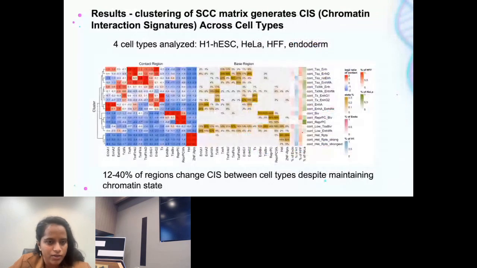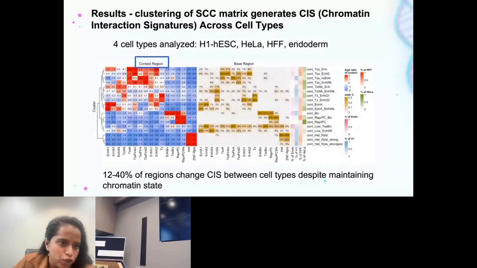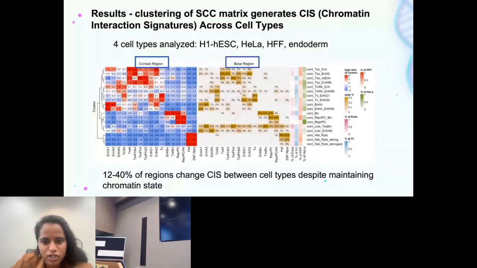This is the clustering of the ASCS matrix. The first part here is the contact region. The contact region in essence shows the enrichment of contacts between the different chromatin states in each of these clusters. We got about 18 clusters, and the one on the right shows the base region, which tells you the annotation between the contact region and what percentage of a specific contact is there between each of the clusters.